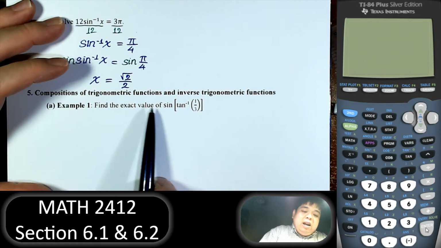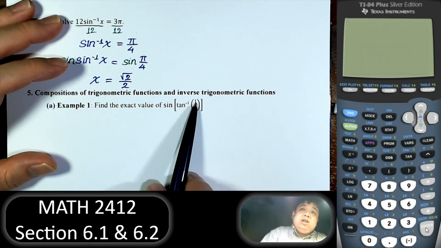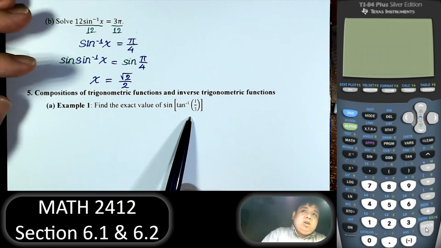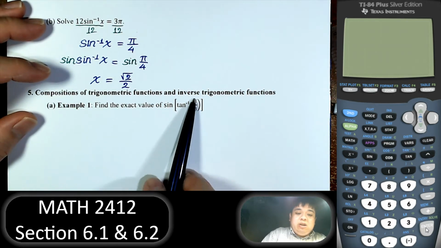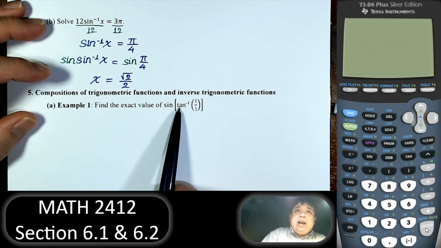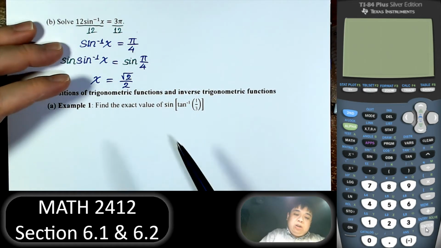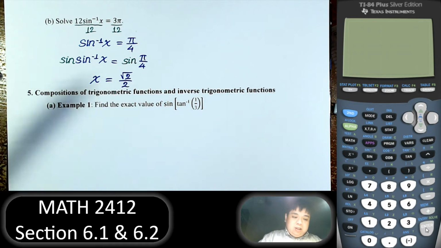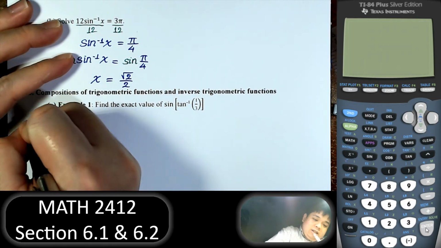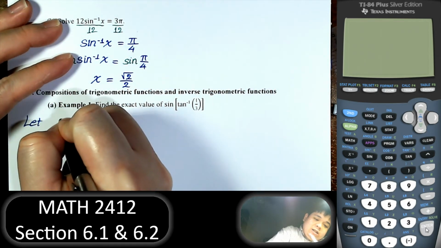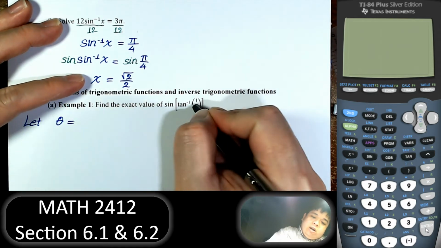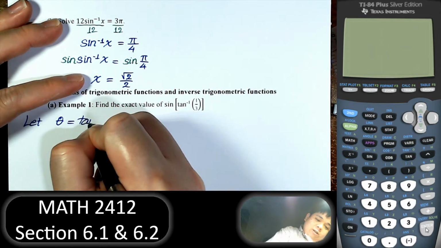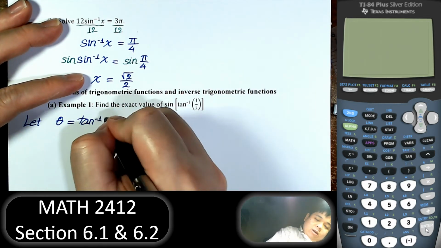Find the exact value of sine of tangent inverse of 1/3. Regardless of whatever it is, when we take tangent inverse, that will give us an angle, right? So that's what we start with. Let theta be the inverse function inside the sine. Let theta be tangent inverse of 1/3.